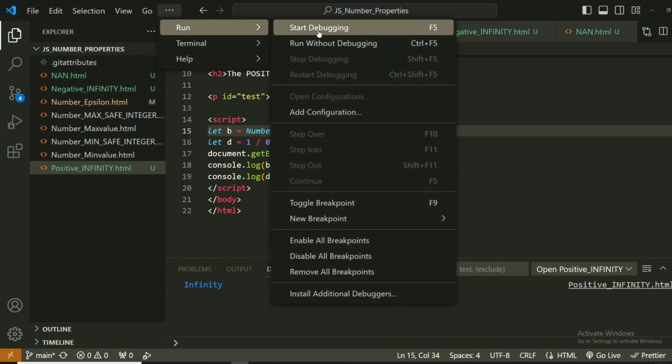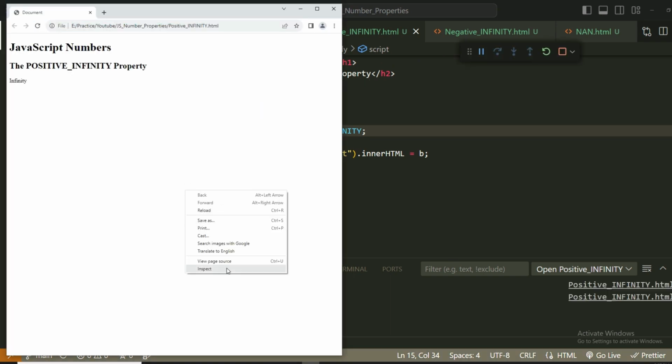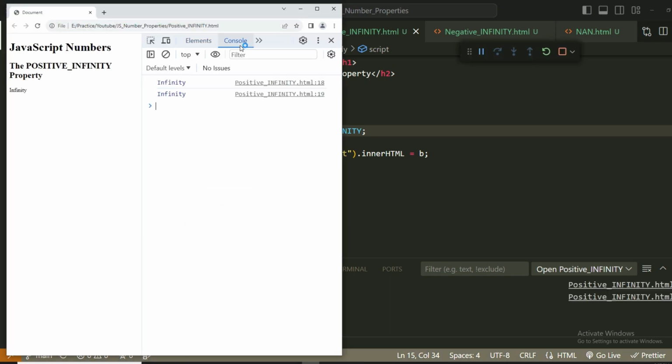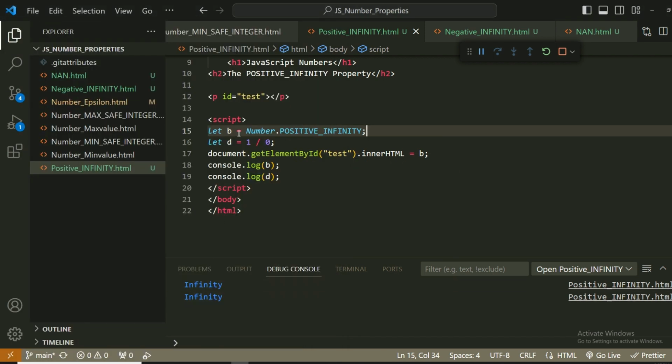Let's see the output. So it's always returning an infinity after the division and also when we are declaring. You can see that Number.POSITIVE_INFINITY is returning Infinity, and 1 divided by 0 is also returning Infinity. So this is known as positive infinity.